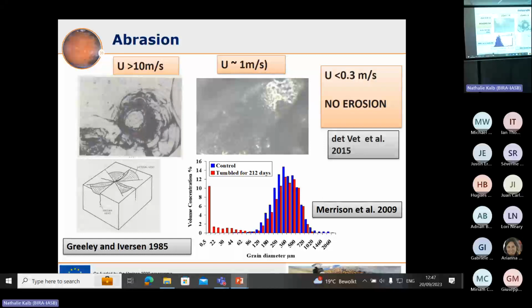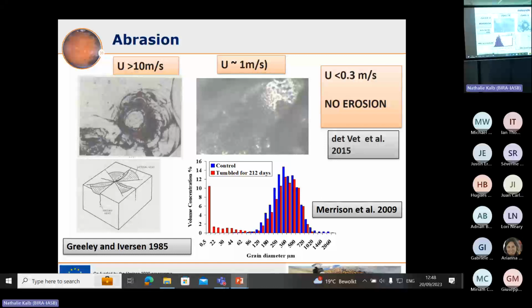Interestingly, at around 1 meter per second impact velocity you don't get big fractures, you get tiny little chips coming out, and you actually generate, as we saw, a lot of submicron particles. So you generate very tiny dust grains out of impacts at low velocity.